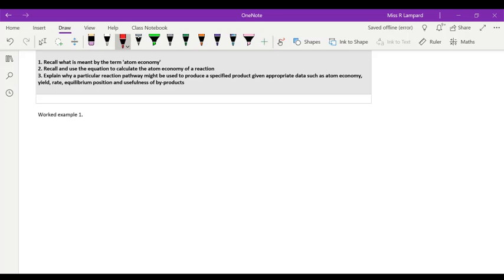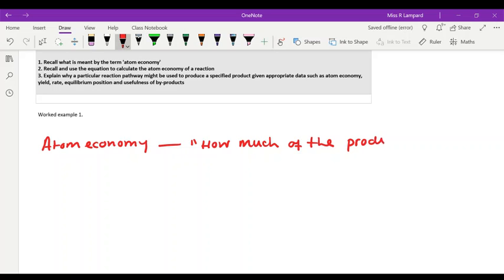So when we look at the principle of atom economy, the key question we have is how much of the products I produce are useful.